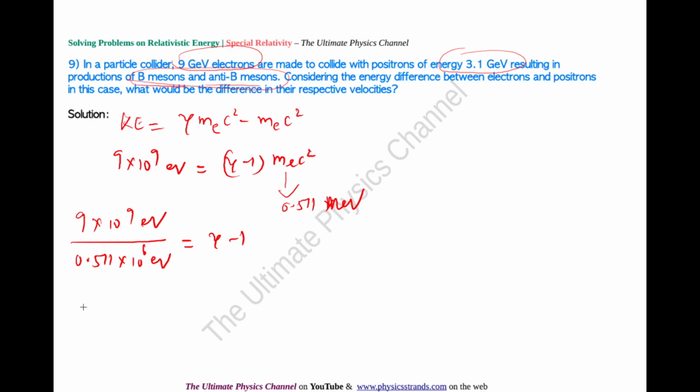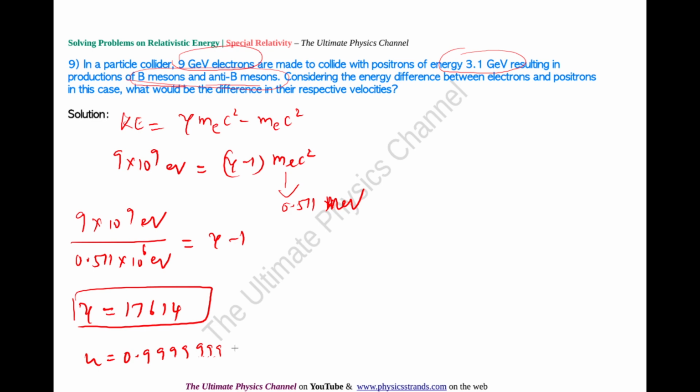If I work this out and get gamma, I get 17,614 as the gamma value. For that gamma value, if I calculate the speed of the electrons, that is 0.9999, and then I have to continue for other 3 decimals, and then I get a number at the 8th decimal place, times c.